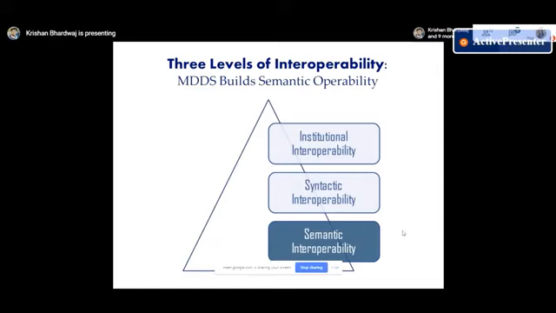So when we need to exchange the data from one application to another, the problem comes when we have different format of data. So for example, in one application, one developer took gender code as 1 for male, 2 for female, 3 for unknown.